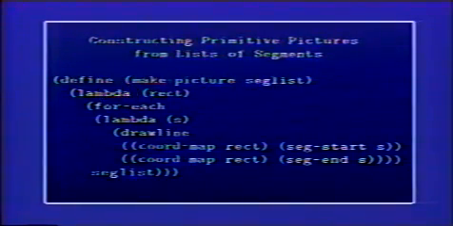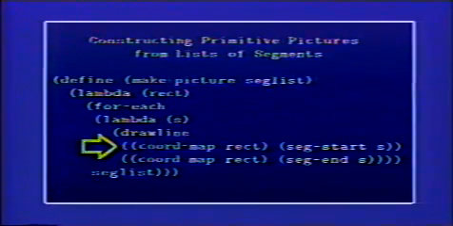What does it do? For each S, which is a segment in this list of segments, it draws a line. What line does it draw? It gets the start point of that segment, and transforms that by the coordinate map of the rectangle.